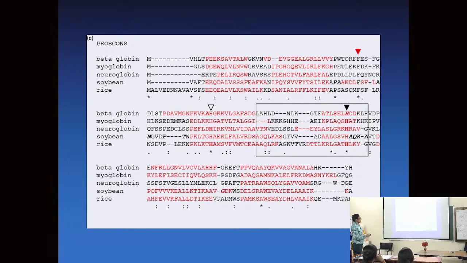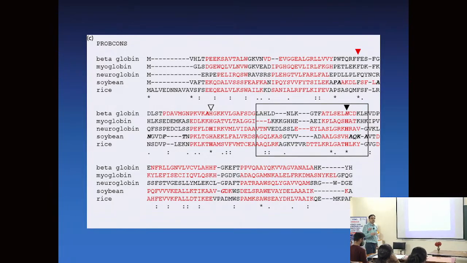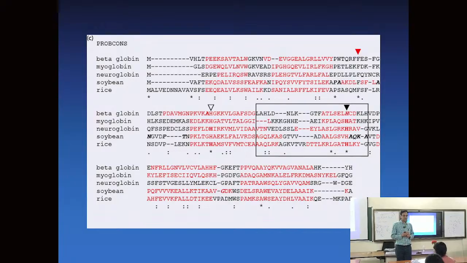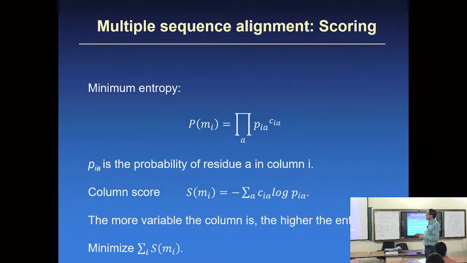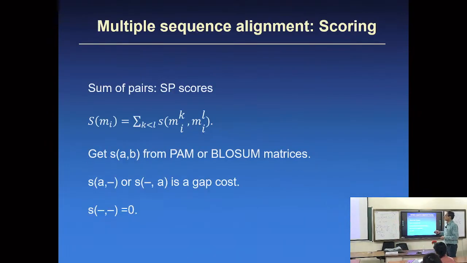Then you do the same for the other columns, add all those scores, and that is the score for the multiple alignment. This is called sum of pairs scoring.